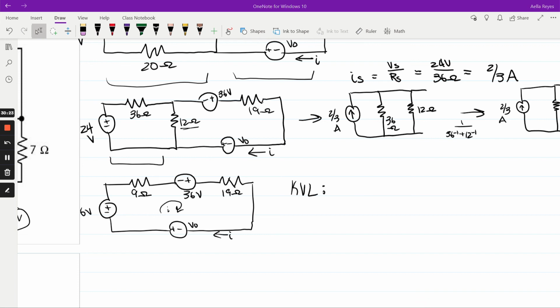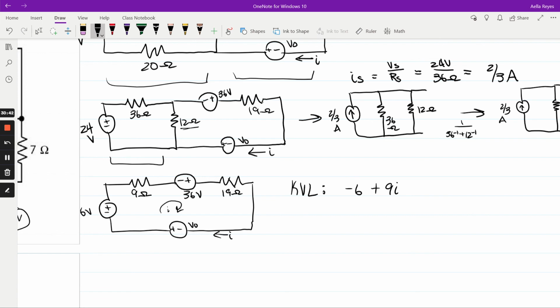So we're going to start on the 6 volt. So 6, it's going to be a negative. And since we're going this way, clockwise, it's going with the current.